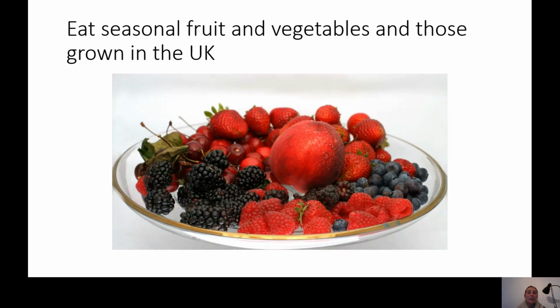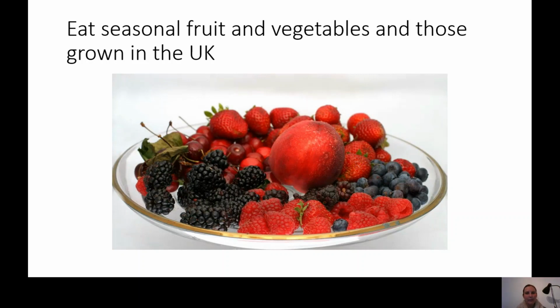Excellent. So a lot of our fruit and vegetables gets flown in from abroad, and that means it has travelled on planes or boats to get here, all of which use energy, which is often natural gases and things like oil and coal.